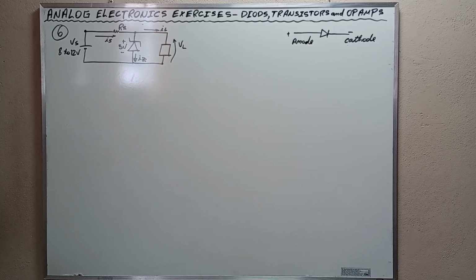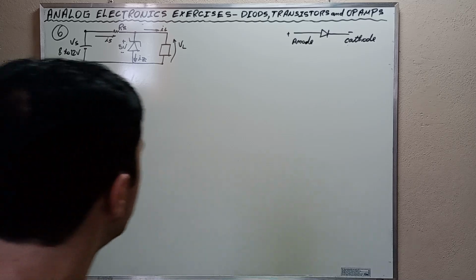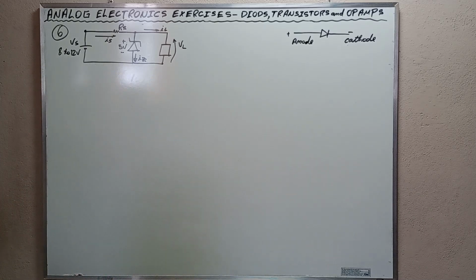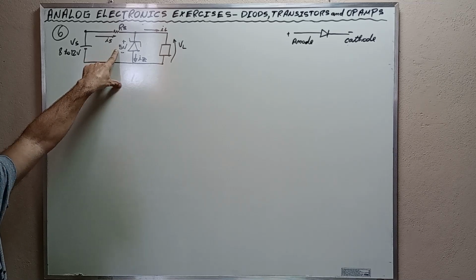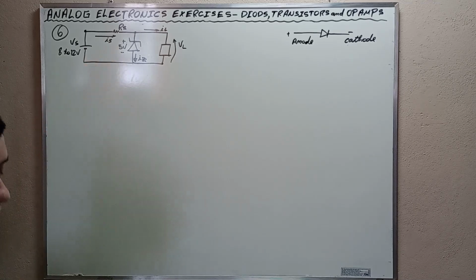Okay, my friends, this is the exercise, and let's go to the solution. The breakdown voltage of the zener diode is 5 volts. That is, there will be current through the zener only if Vz is greater than 5.